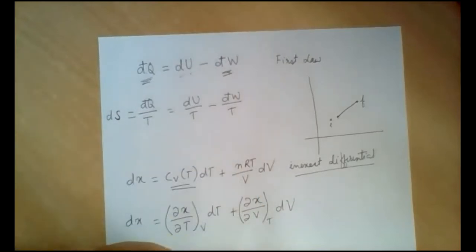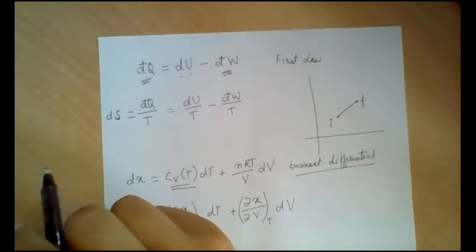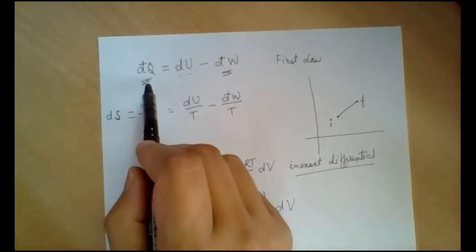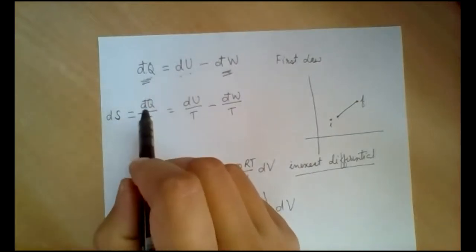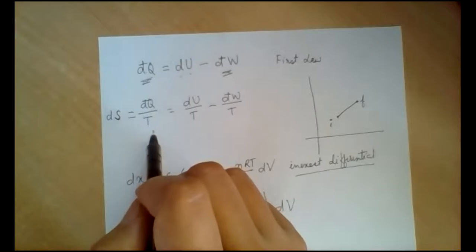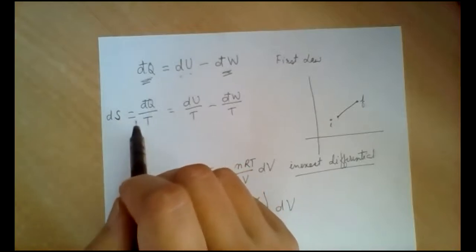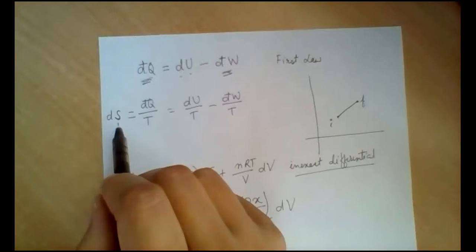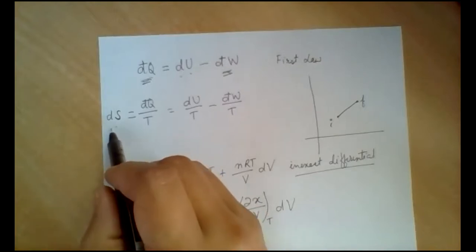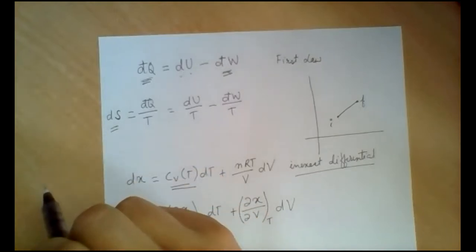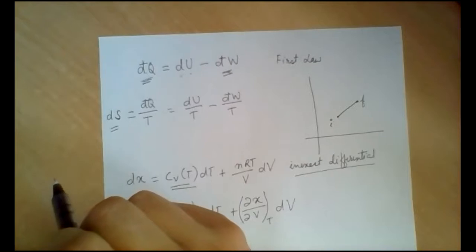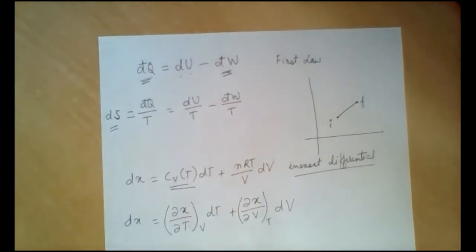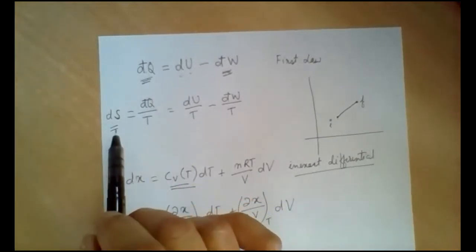The integrating factor is again 1 by T. Multiplying by 1 by T, I get an exact differential, and that exact differential is dS. And what is S? S is the entropy. This is the second law of thermodynamics.